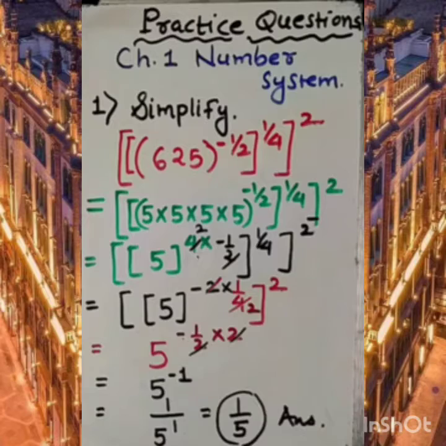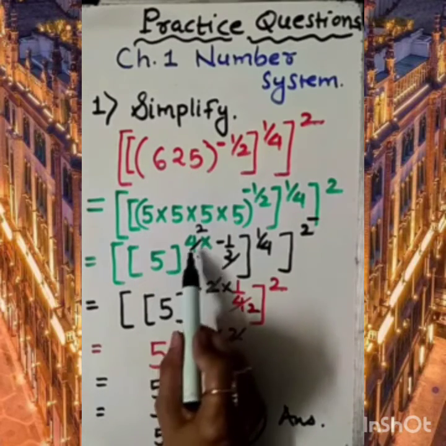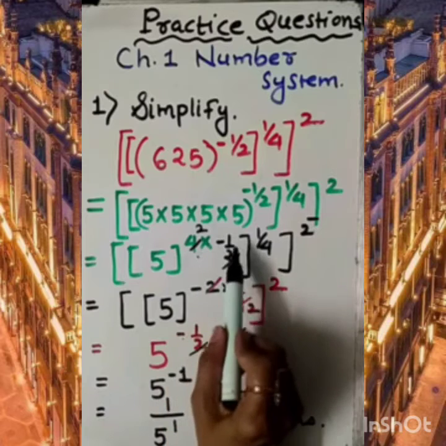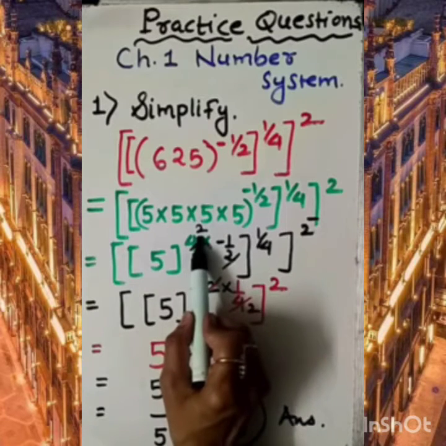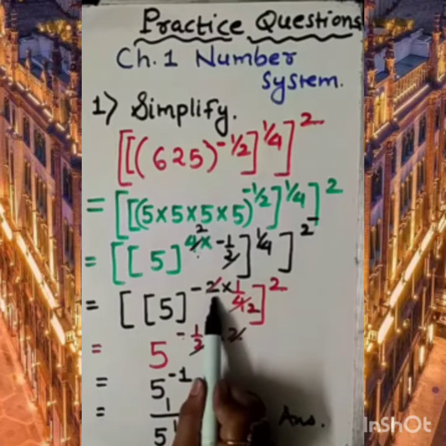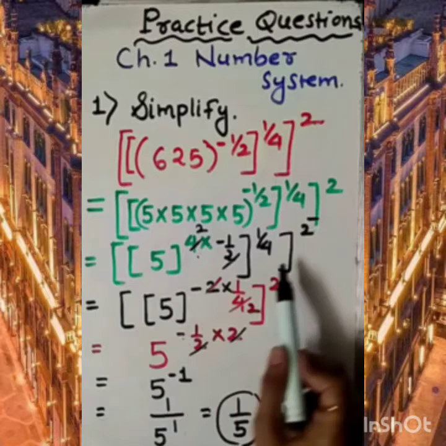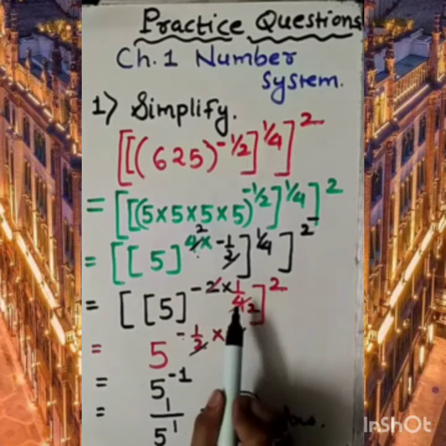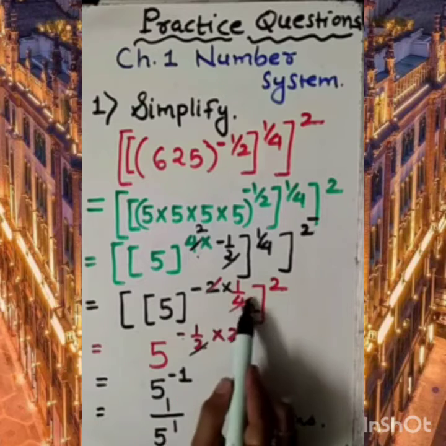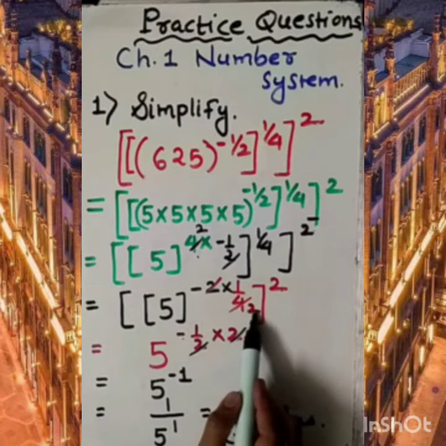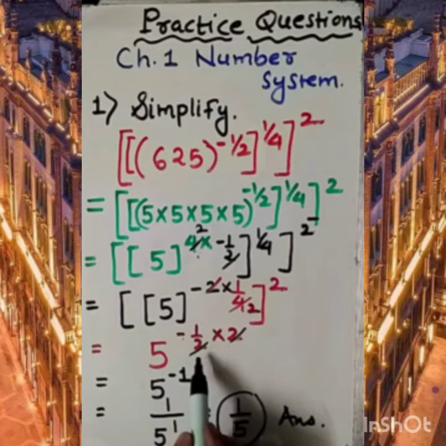I am explaining once again from here. See, 5 to the power 4. We wrote here 4 into minus 1 half. The 2s cancel, so here it will be 2. 2 into minus 1 is minus 2. Now after removing this square bracket, this 1/4 power will be multiplied with this minus 2. So minus 1 will be left in the numerator, so it is minus 1 half.